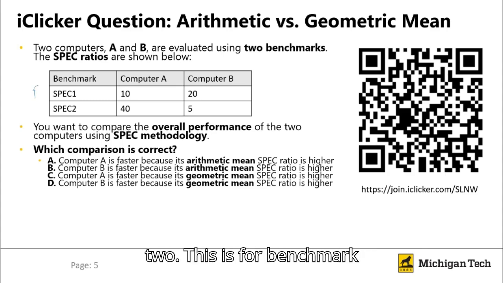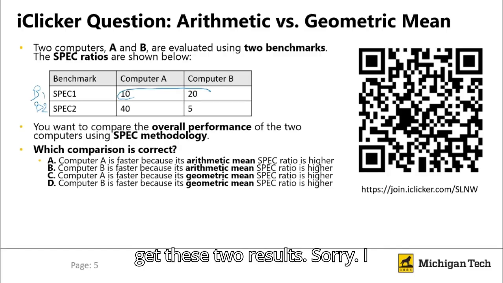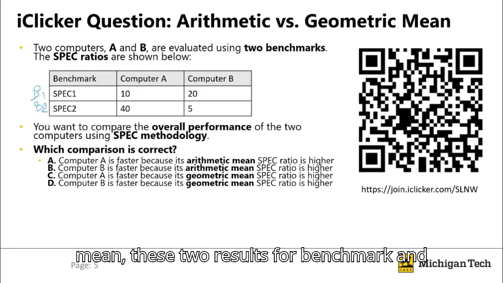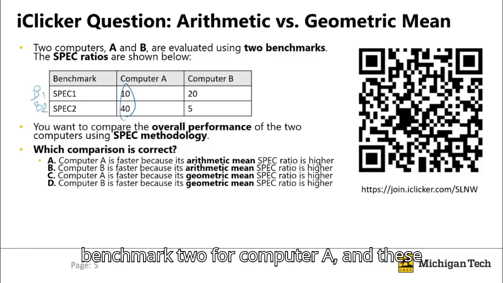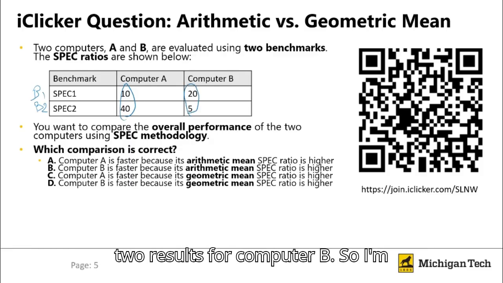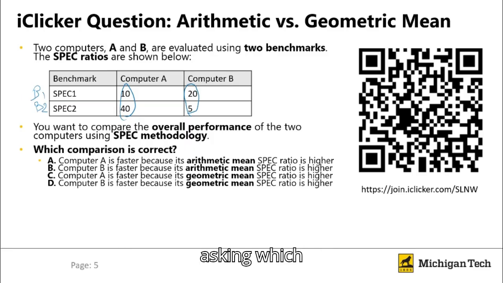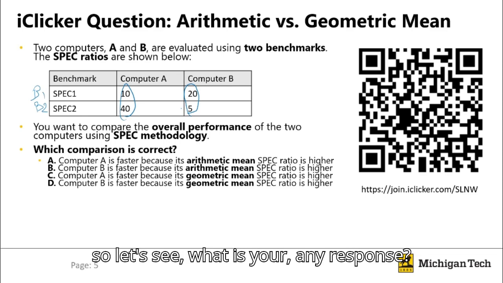So we get these 2 results for computer A, and these 2 results for computer B. So I'm asking which comparison is correct. First, you need to see which one is faster. Let's see, what are your responses?